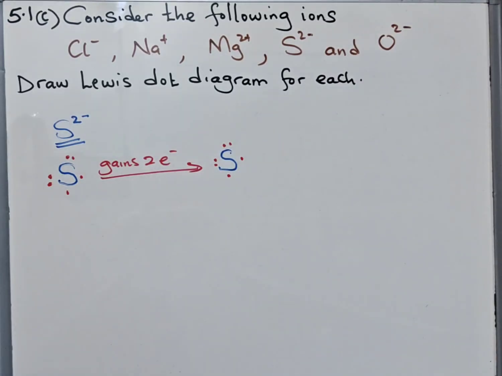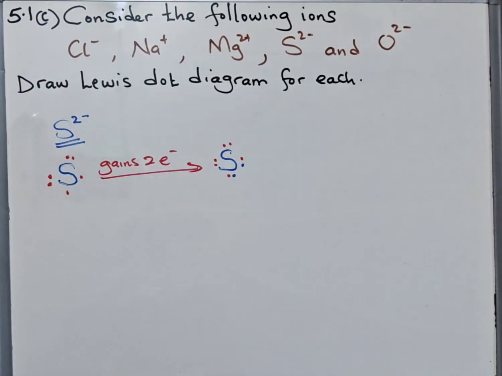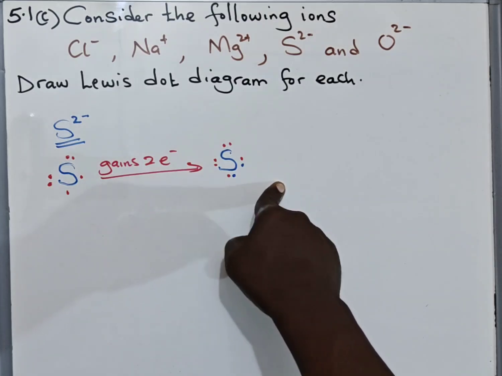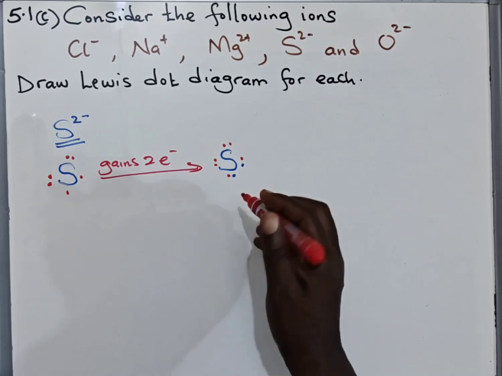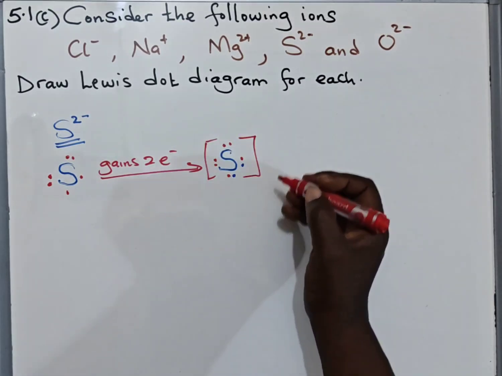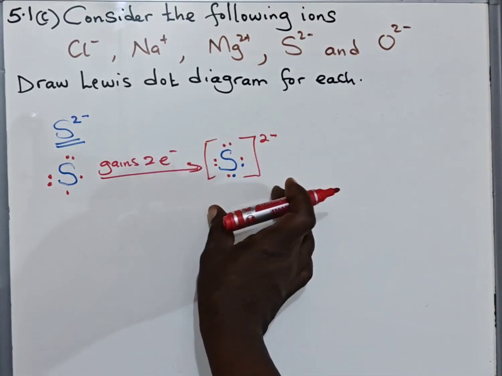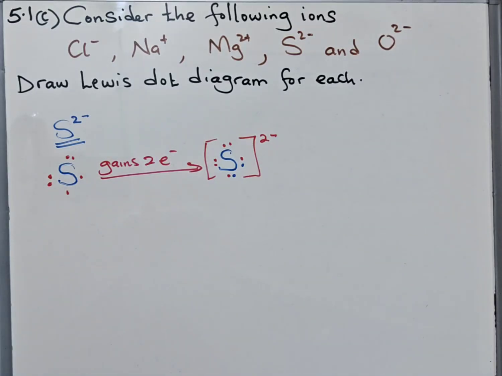So the 2 gained electrons come like this: 1 comes here and 1 comes here. When you look at this sulfide ion, what does it have? It has a complete energy level. So we put a bracket around it and we indicate the charge here. It is negative because it gained electrons. Gaining of electrons leads to negative charge, and loss of electrons leads to positive charge.